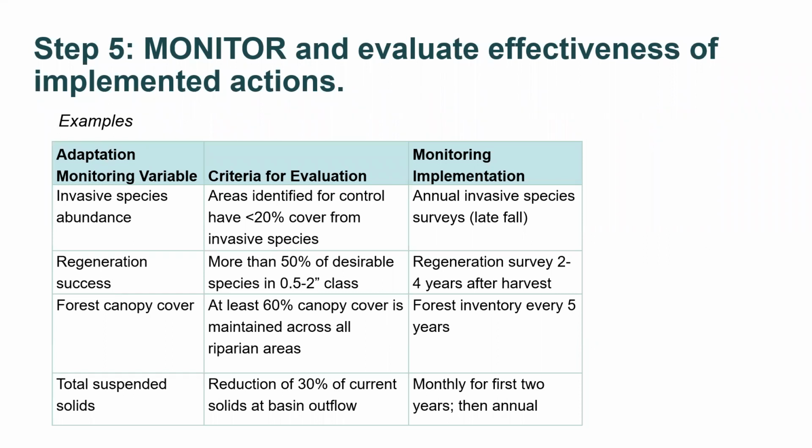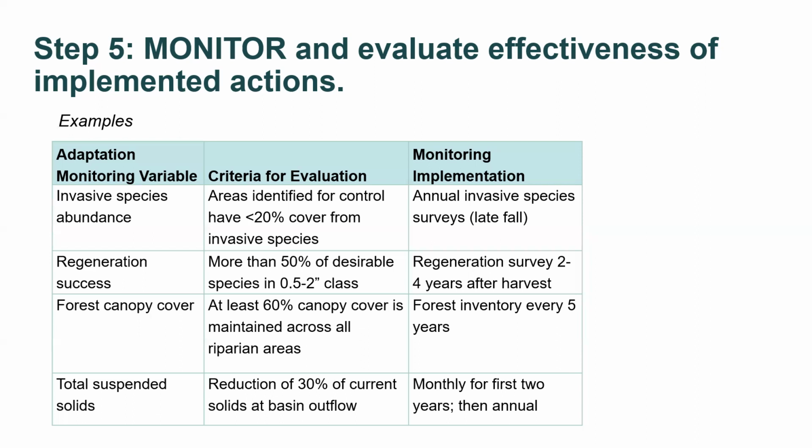Another example looks at forest canopy cover, maintaining at least 60% cover across riparian areas and assessing that on a 5-year basis, because that would presumably be a little slower to change than something like the coverage of an herbaceous annual plant that might be an invasive, or less subject to rapid change than the composition of the regen layer in the forest.